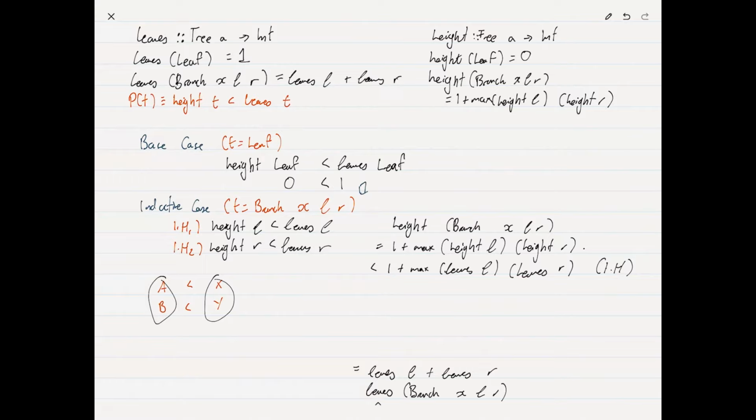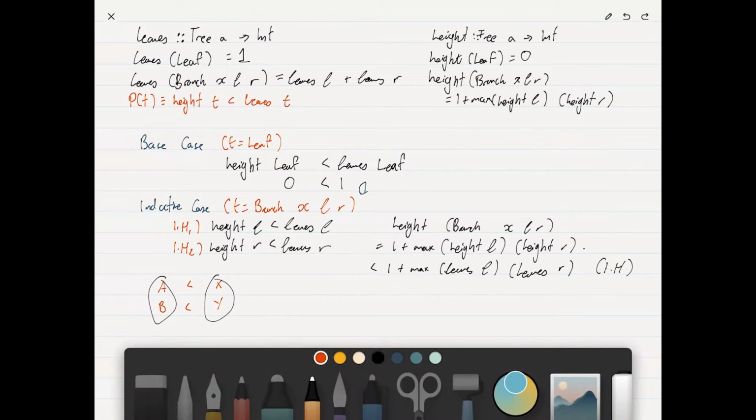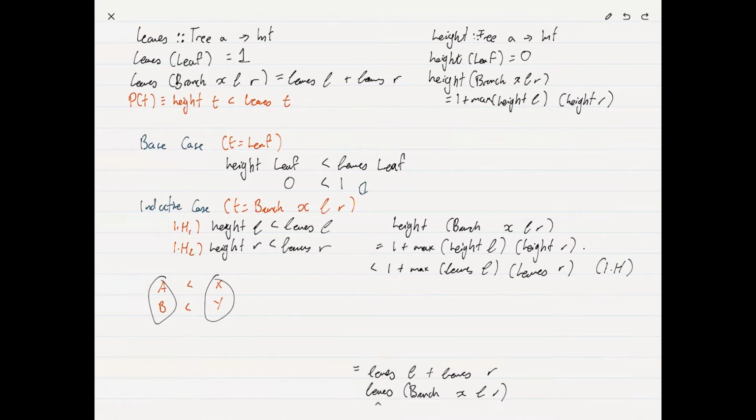One thing that we can note about leaves here is that leaves is always the sum of other leaves, or 1. I could even prove this inductively if I really wanted to, but I'm just going to hand wave this part of the proof. Leaves of t, for any t, is greater than or equal to 1.